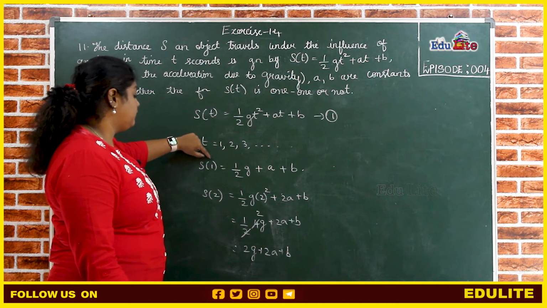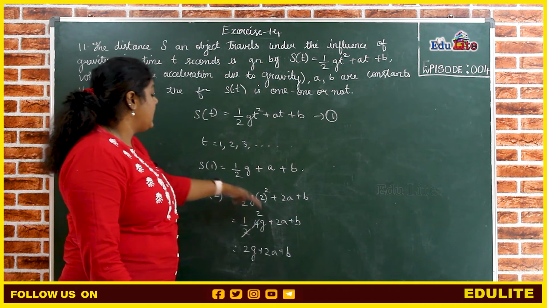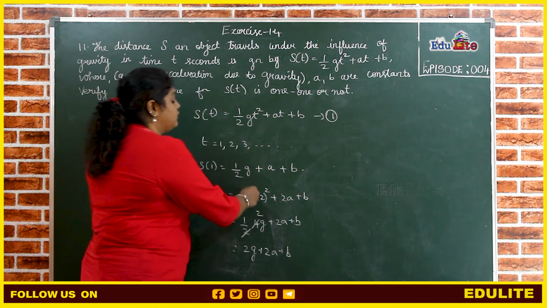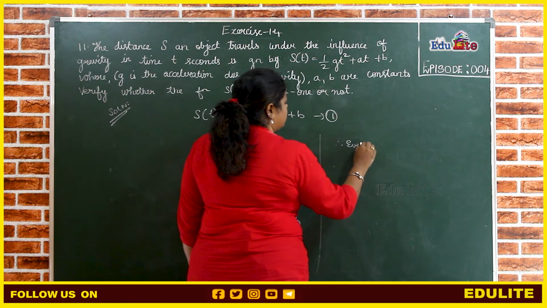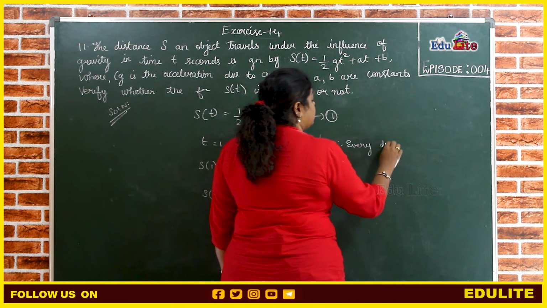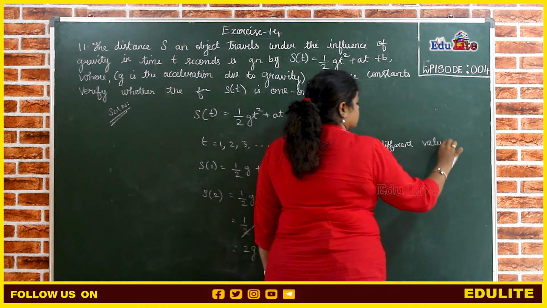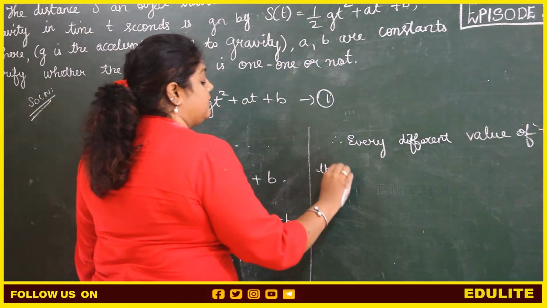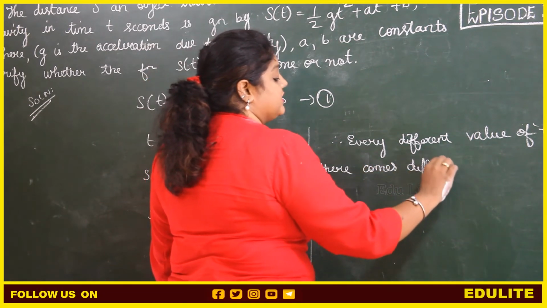So what is it? If I put 1 for the value of t, I got a different image. If I put 2 for the value of t, I got a different image. If I put 3, I will get another different image. Therefore, this is a one-to-one function. For every different value of t, there come different images.